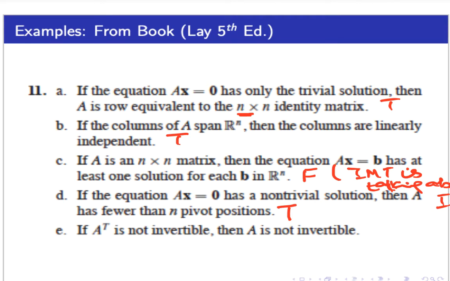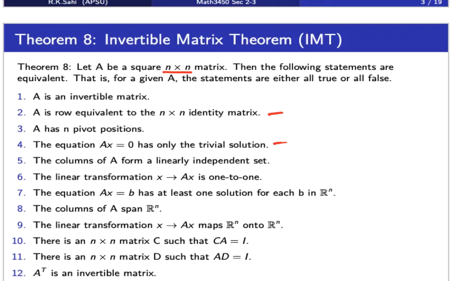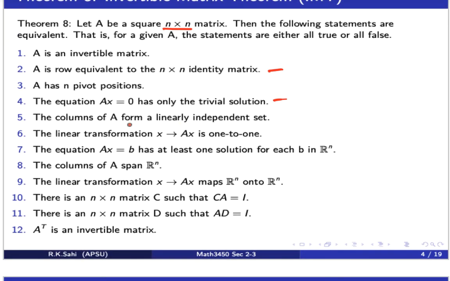Either all these statements are true or all these statements are false. So here the statement says this equation has non-trivial solutions. Then if it has non-trivial solutions, by IMT, it will have fewer than n pivot positions. That happens to be true.